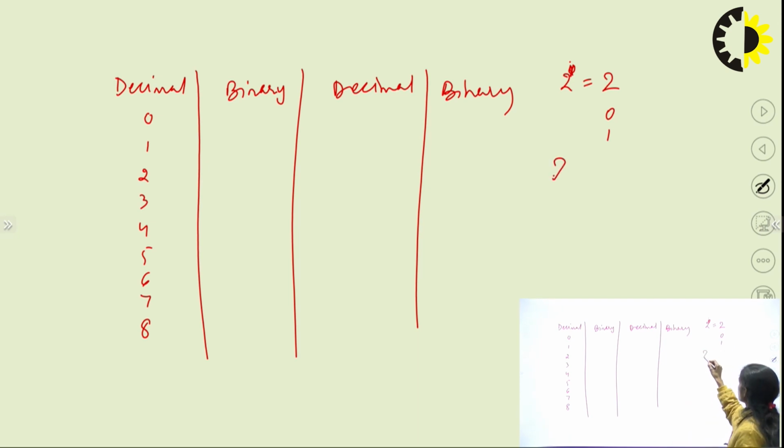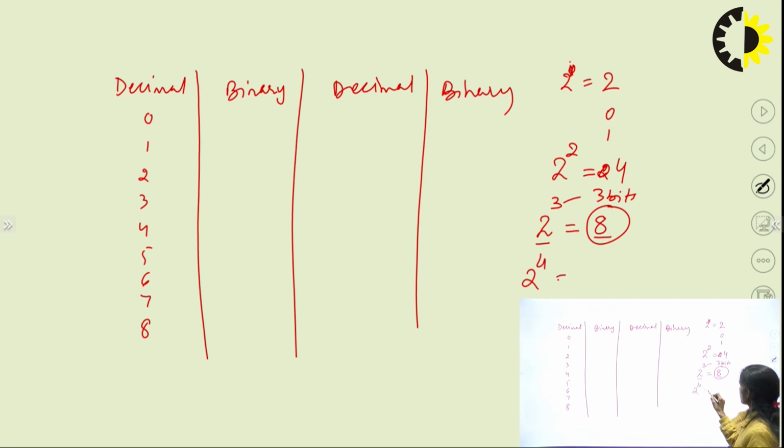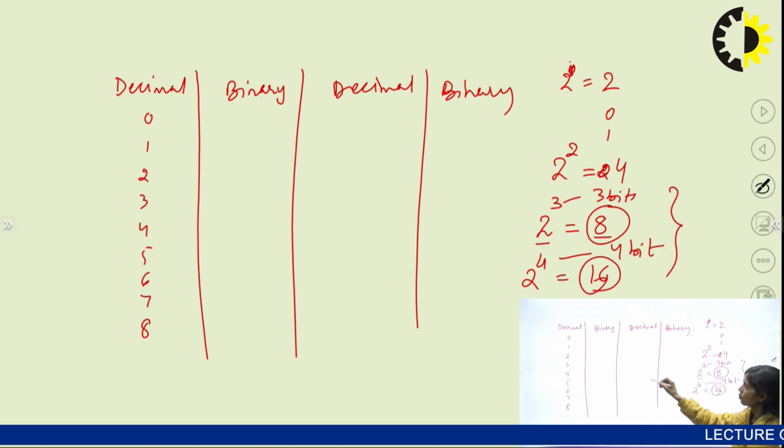If I require 2 bits, 2 to the power 2, that means I can represent 4 numbers in binary. Similarly, with 3 bits I can represent 8 numbers. So if I have to convert binary into octal, I require 3 bits. Similarly for 4 bits, that means conversion from binary to hexadecimal, I require 4 bits. So by keeping this in mind, I can form this table.